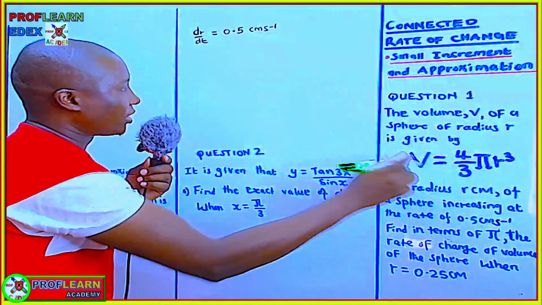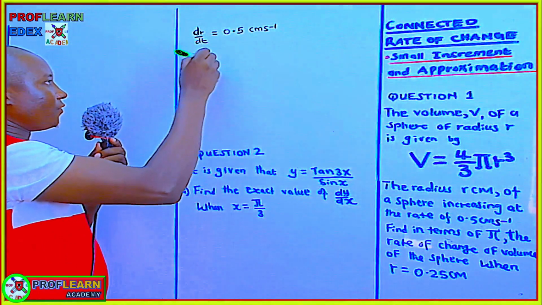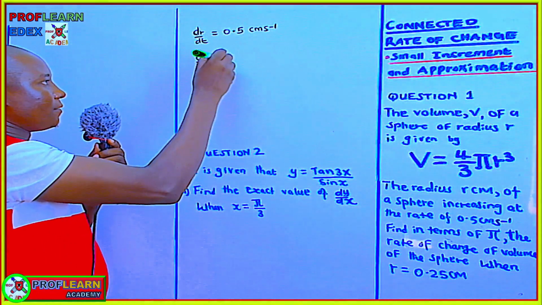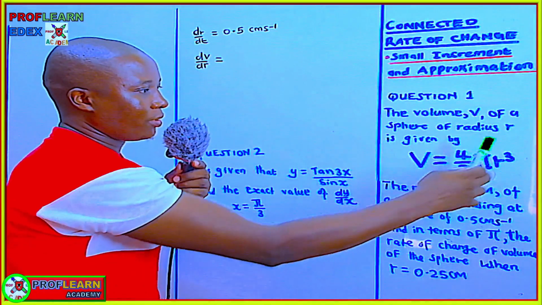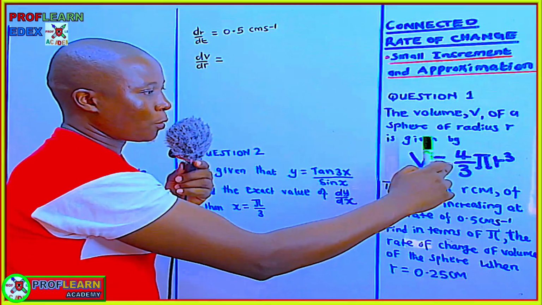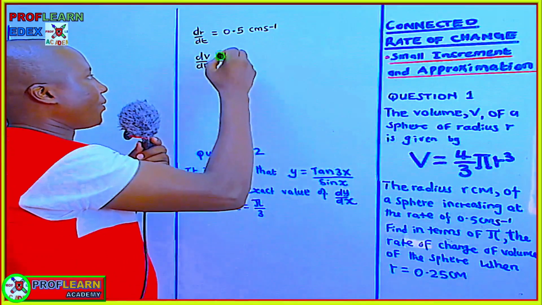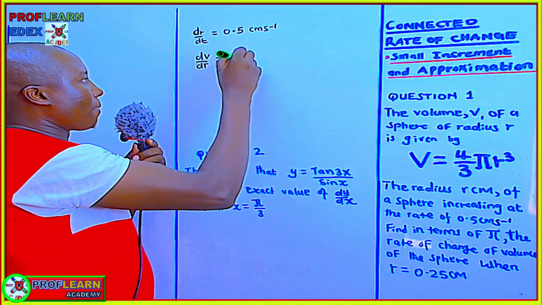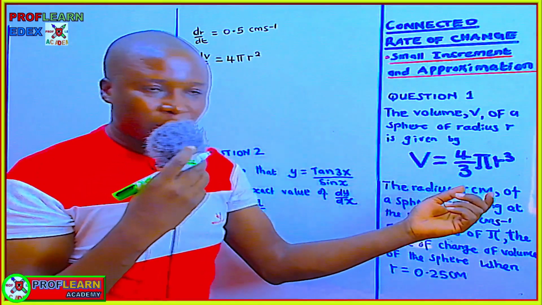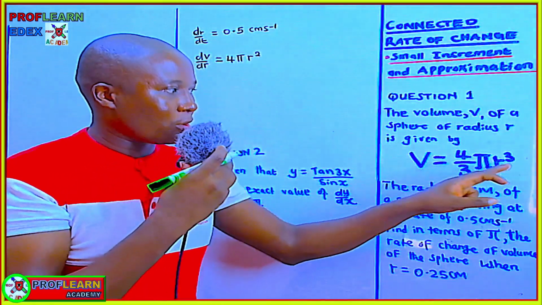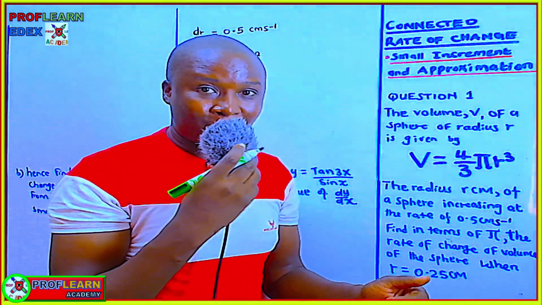Then from the formula that we have here, we can find dv dr. If we differentiate this, we take the power 3 down and multiply it by 4/3, and that reduces to 4 pi r squared, because when you differentiate, you take the power down and decrease the power by 1.